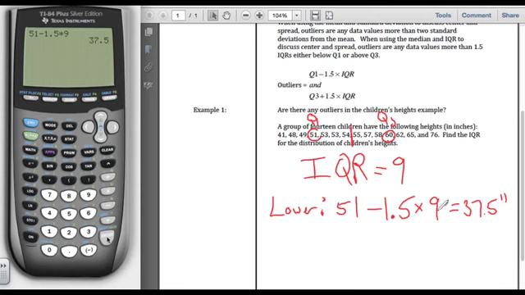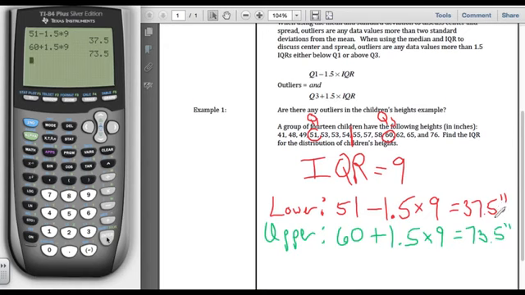Now I need to test my upper end and see, well, is 76 an outlier? So for my upper side, it is Q3, which is 60, plus 1.5 times that IQR of 9. If we type that into the calculator, we get 73.5 inches.